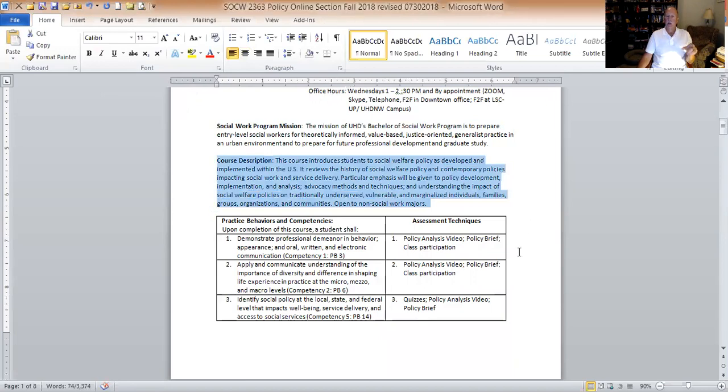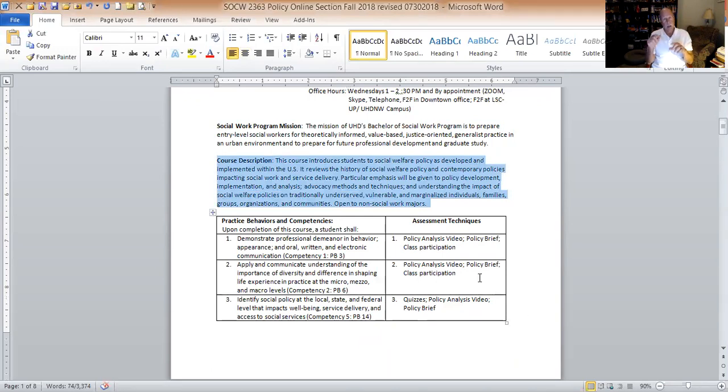In this course, we're going to introduce you to social welfare policy as it's developed and implemented here in the United States. We're going to look at some of the history of social welfare policy, particularly in specific areas. We'll look at contemporary policies, and we're going to look at policy development and implementation, analysis, some advocacy methods and techniques, and really look at how it addresses vulnerable, marginalized, and underserved populations.